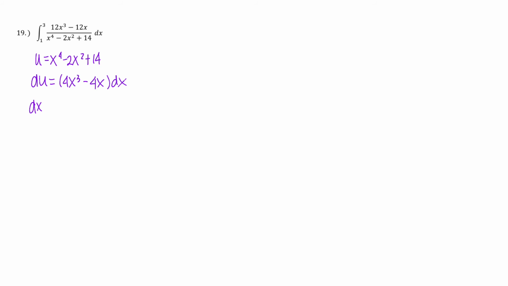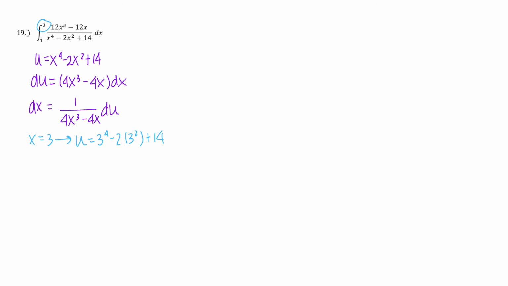And then solving for dx, we have 1 over 4x cubed minus 4x du. My top bound is 3, so if x is equal to 3, u is equal to 3 to the 4th minus 2 times 3 squared plus 14, which I'm going to plug into my calculator because I don't feel like doing that in my head.